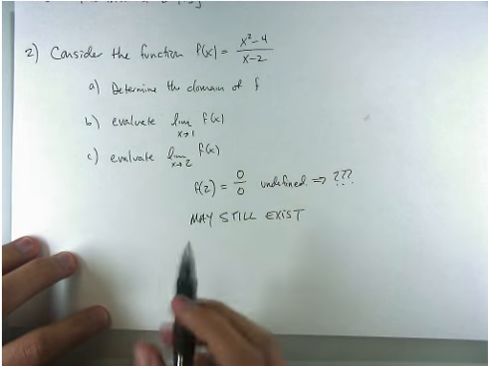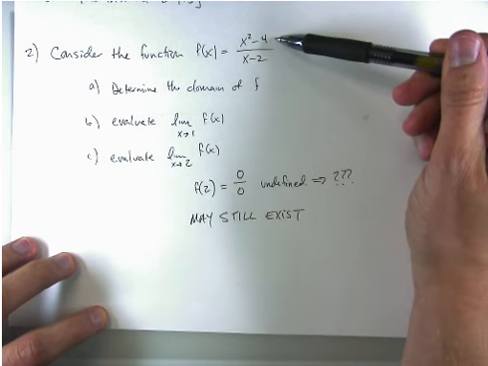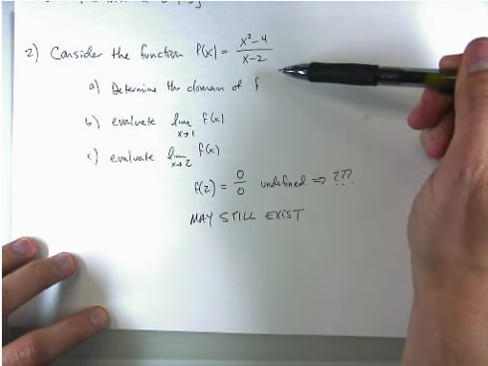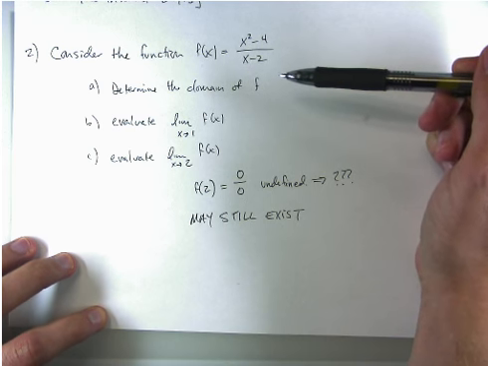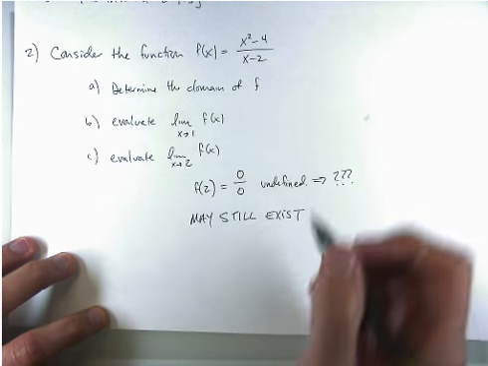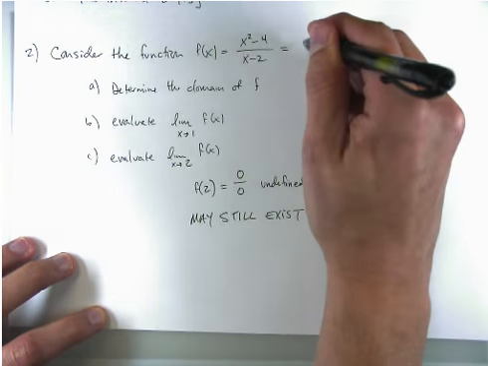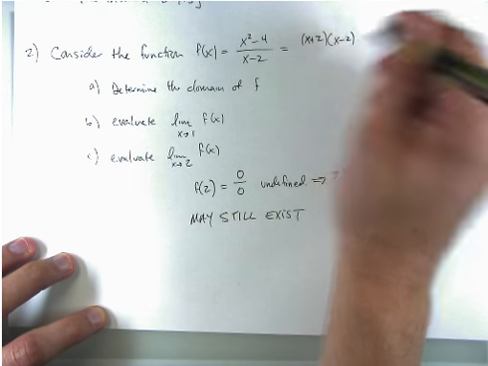In this case, we may think that there's a factor of 0 in the numerator and the denominator here that might be 1. They might cancel each other out at 2, or at times where there might be a problem. And indeed, we find that x squared minus 4 is a difference of squares, so it factors quite easily.